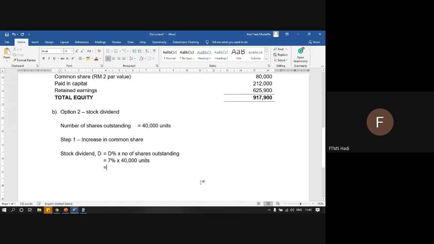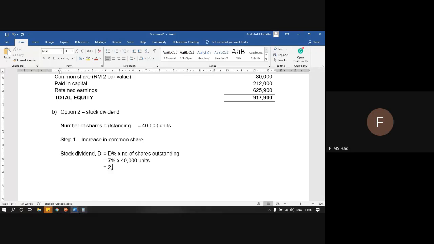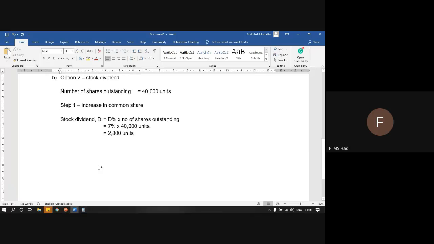So if you calculate this one, 7% multiplied by 40,000, where 7% means 0.07, which is 7 divided by 100, multiplied by 40,000, is 2,800. So that means the company will give an additional 2,800 units of stock dividends to all shareholders.